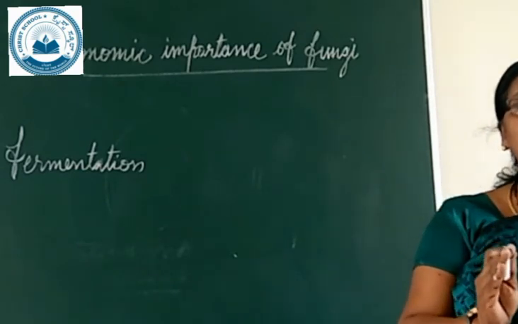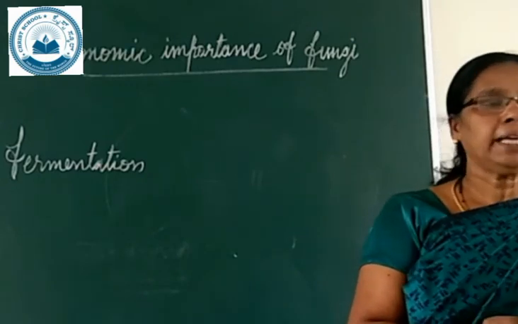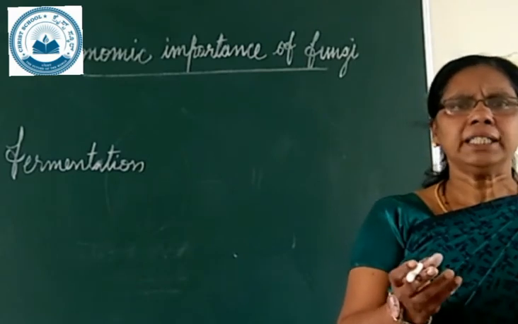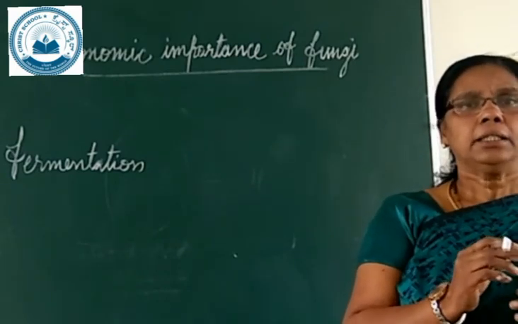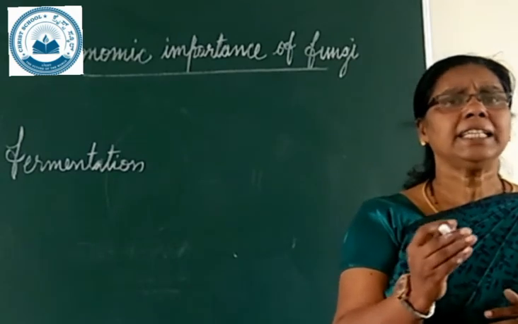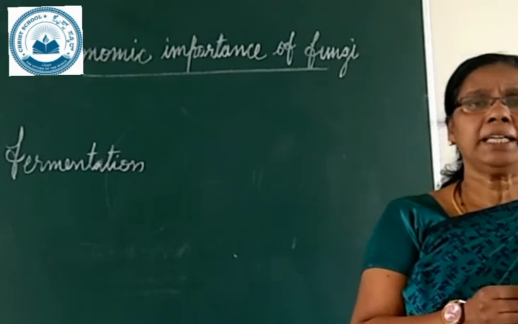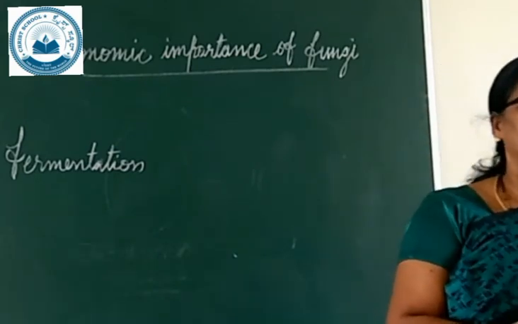Now let us see how yeast is used in bakery. In baking, in bread making, for example bread and buns, in all these cases we are using what? Yes, this yeast. So first let us see how bread making is done with the help of this yeast.